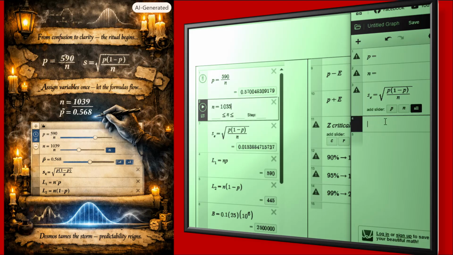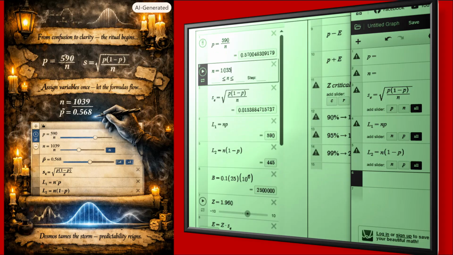Now, this is the first part of the large sample condition, which we know to be the expected value basically, and that should be greater than 10. The second part of the large sample condition is that n times its complement should also be greater than 10, so we'll verify that.